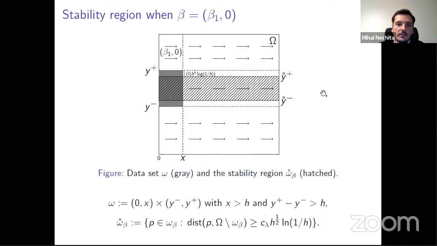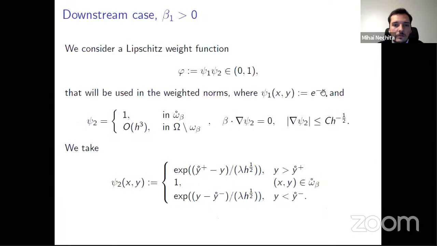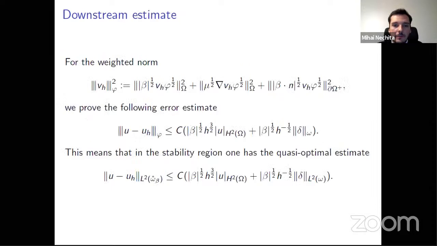This one is hatched. And to not keep things too long, I would skip the details of choosing the weight functions, and I would rather show you the kind of error estimates that we obtain.